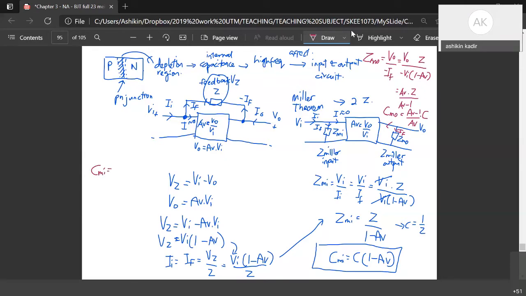CMI equals C times (1 minus AV) and CMO equals C in bracket (AV minus 1) divided by AV. Okay, so for high frequency analysis, we can use these equations to simplify our circuit later.